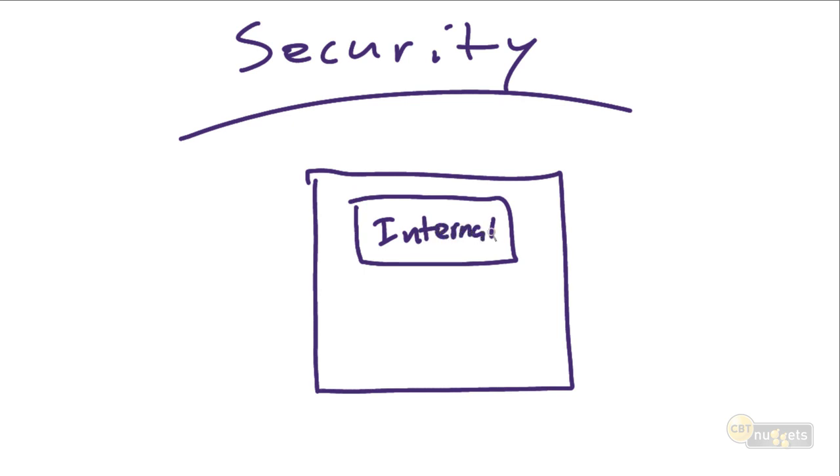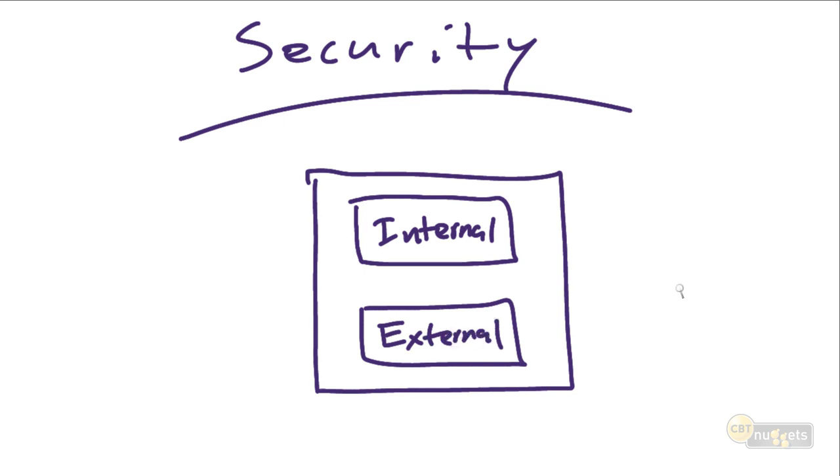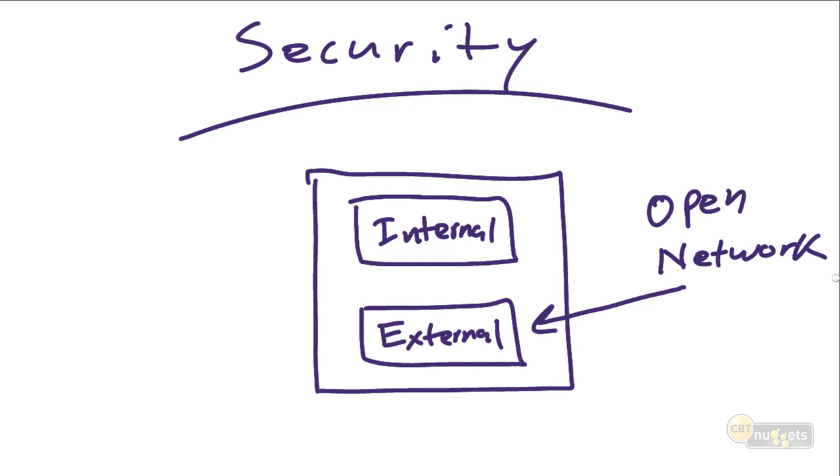It's amazing how many organizations focus solely on the fact that they have what's called an open network, which means it makes connectivity to other networks like the big scary internet. And because of this open network architecture, all they focus on is external attacks.